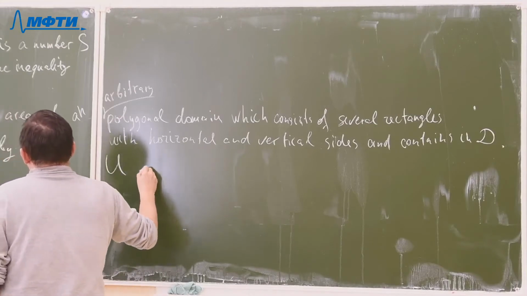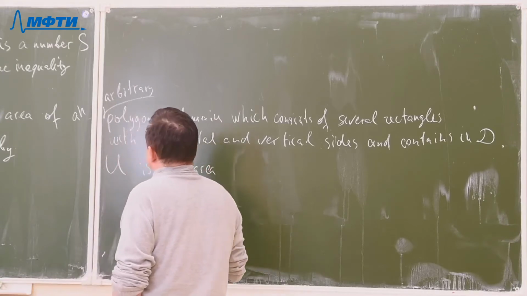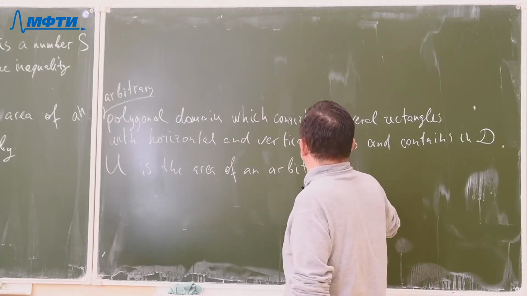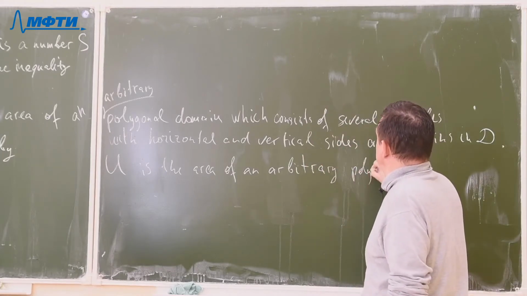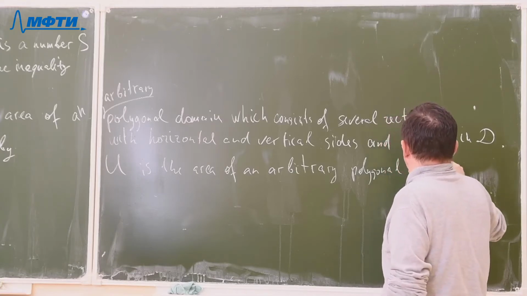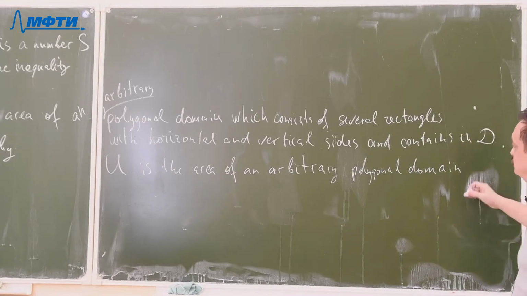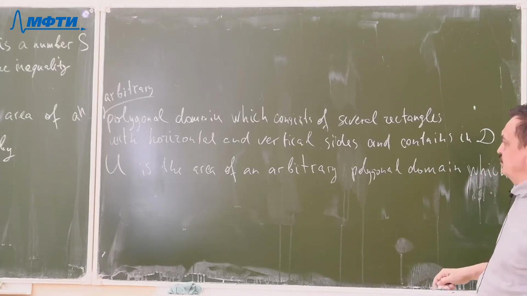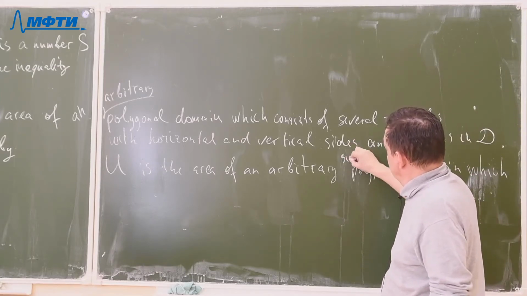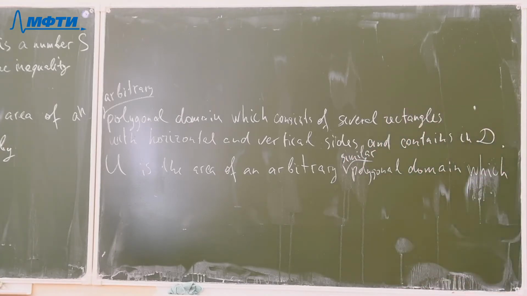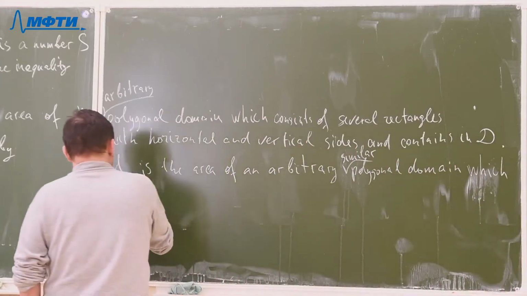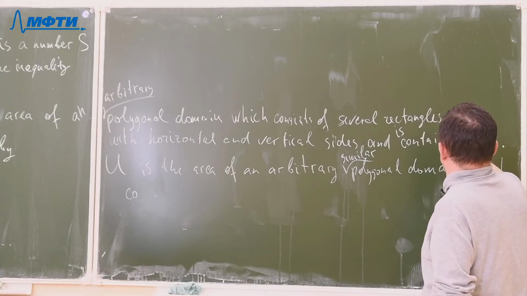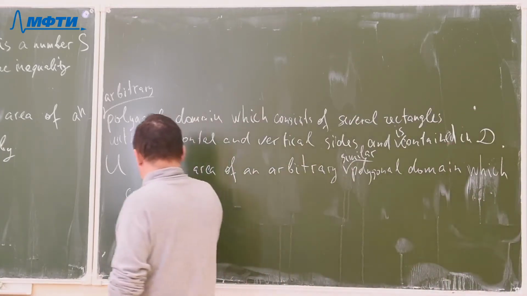U is the area of an arbitrary similar polygonal domain which contains D. Sorry, here I think I should write "is contained in D", and here "which contains D".